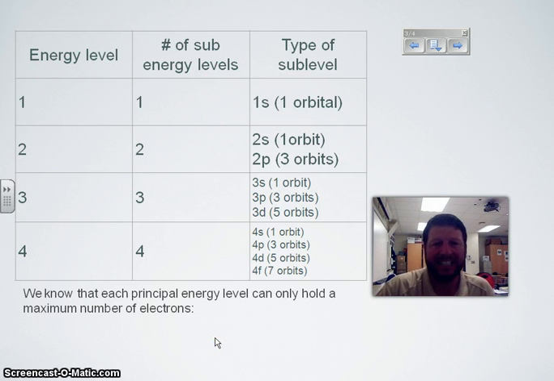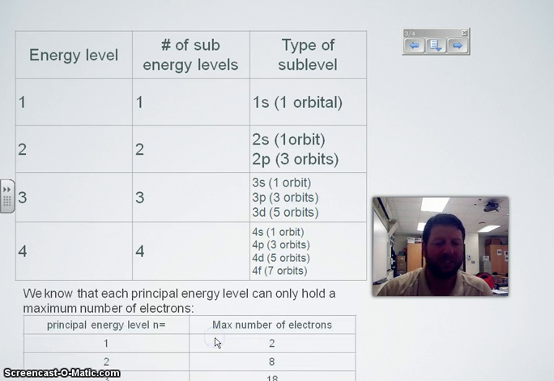Now, within each principal energy level, there's a maximum amount of electrons that it can host. Much like a floor on a hotel that only has 18 rooms in it, that floor can hold no more. It's not like we can make a 19th floor. So as we look here, principal energy level number 1 holds only 2 electrons in that whole energy level.